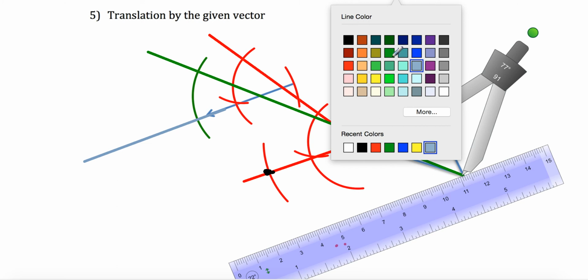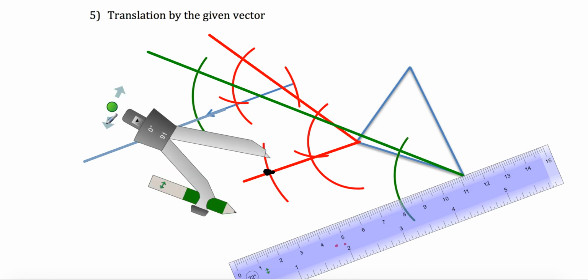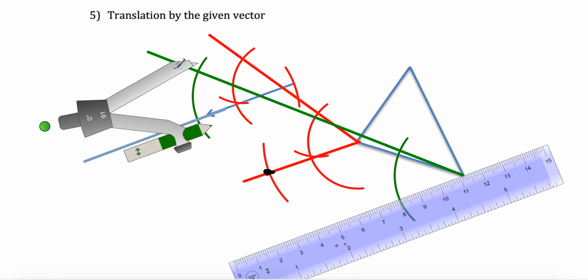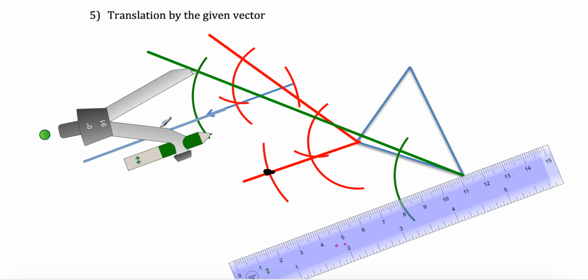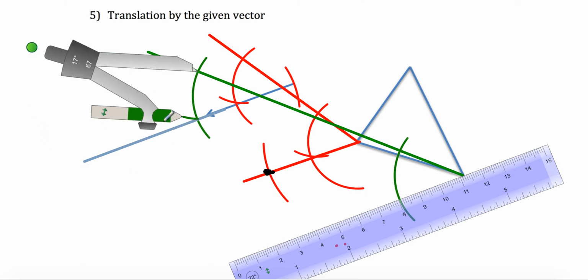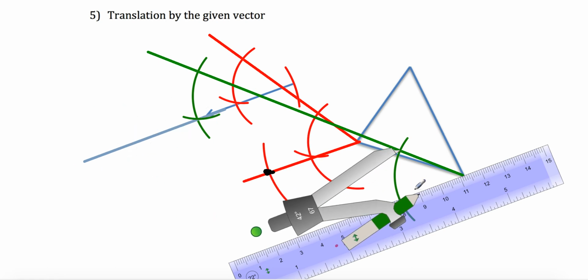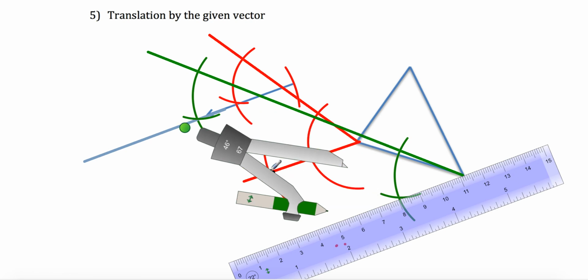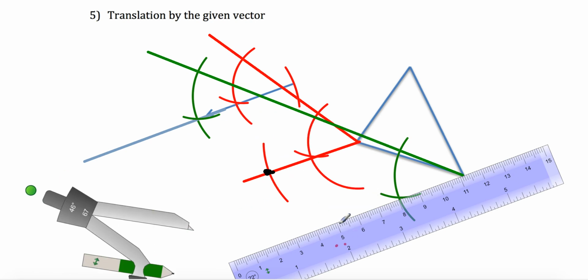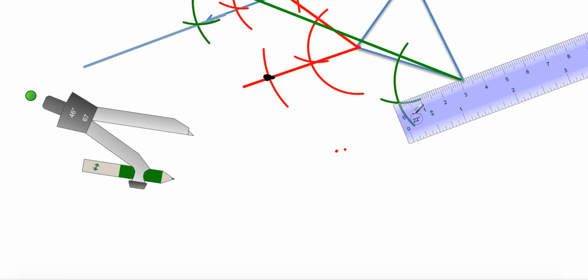And this one will be. And now I have to go back and measure the spread. Okay. So I'm going to go here and then I copy the angle or the arc spread. So here all I have to do is connect this point.